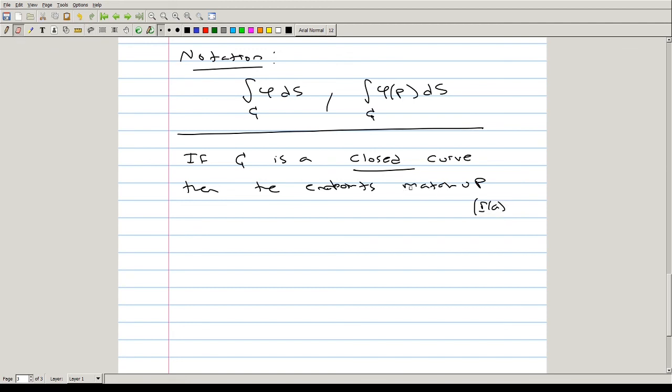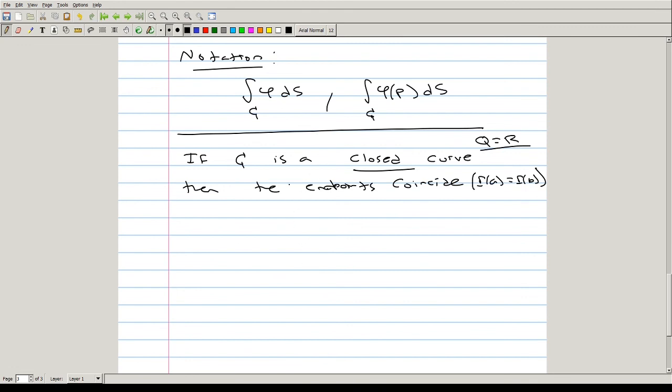Or, I think we use Q and R for our points, that means Q is equal to R. These points are the same thing on that curve that I drew before. This is called a closed curve, and these are going to be really important.